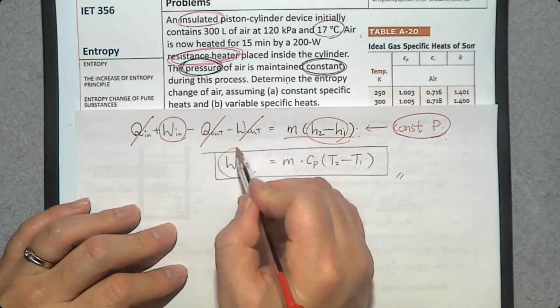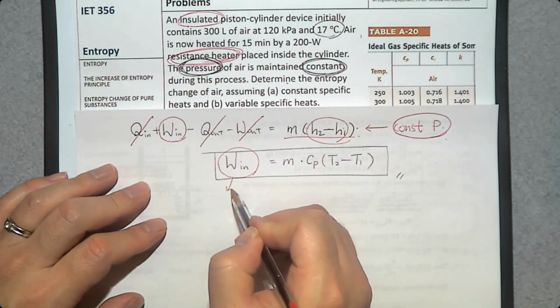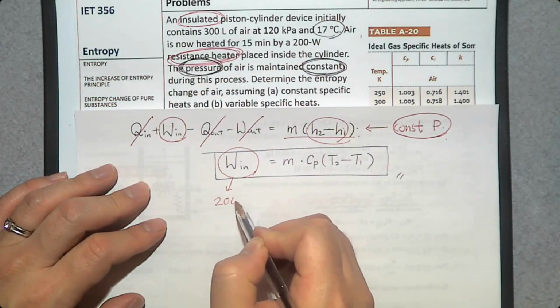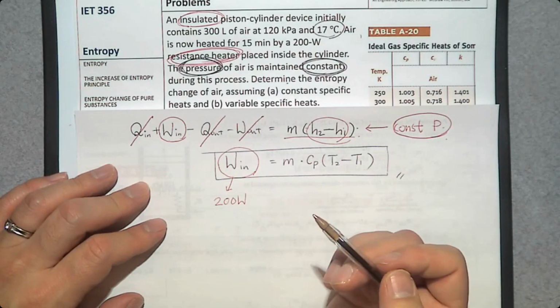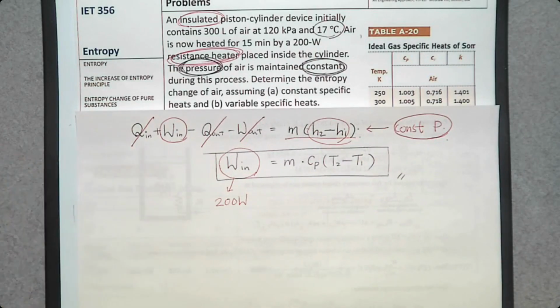Then what is this W in? Oh, we have 200 watt. So can I say W in is 200 watt? We can't, because watt is the unit of power. This W is not power, it's work. And to get the power, we need to divide by time.